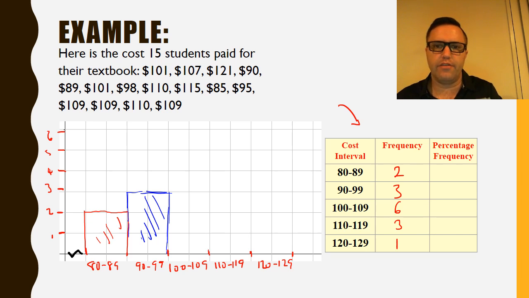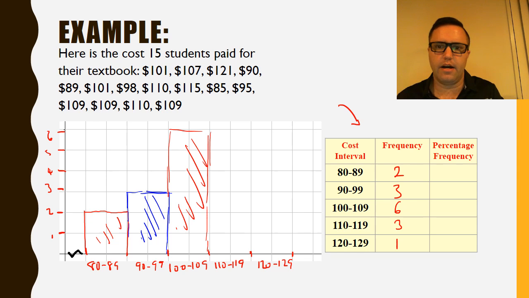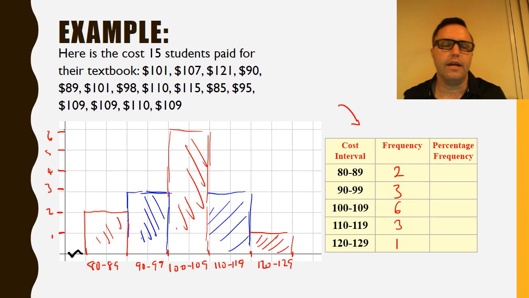Okay, 100 to 109 is 6. 110 to 119 is 3. Let's go back to our blue. And 120 to 129 is just the 1. Okay, so there we have a simple frequency histogram for that set of data.